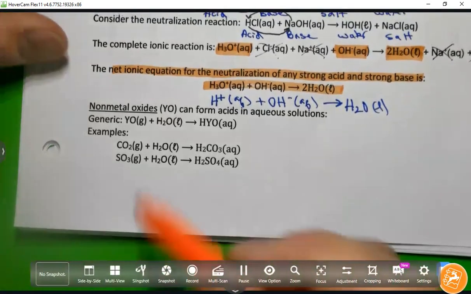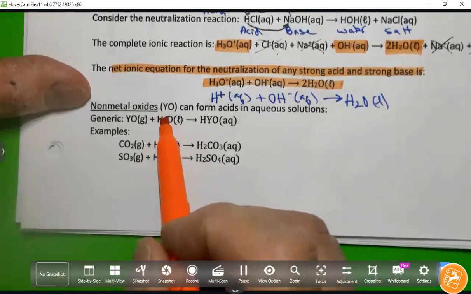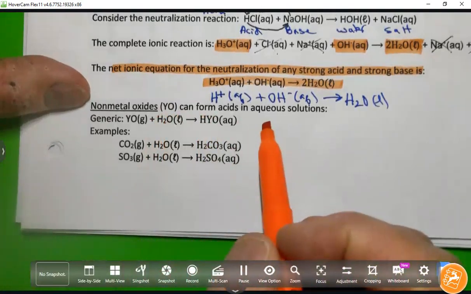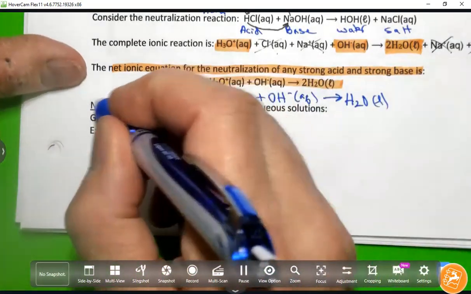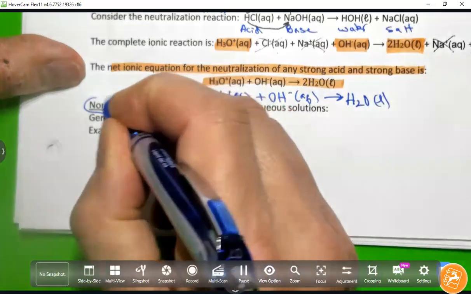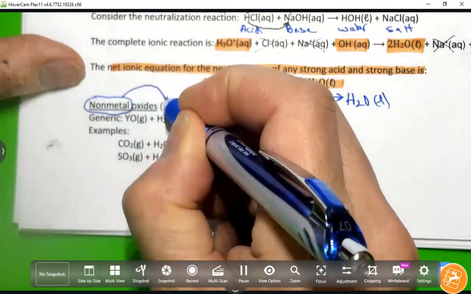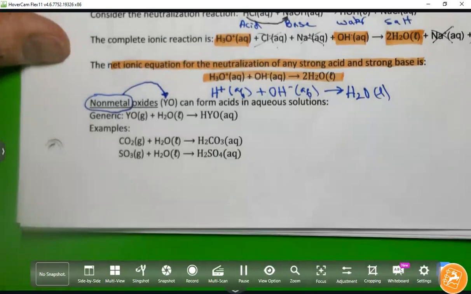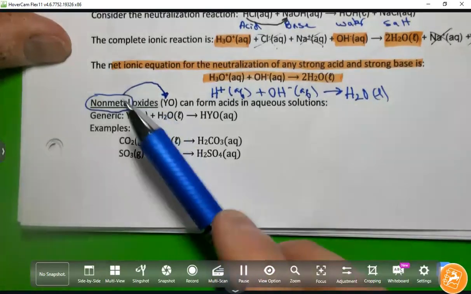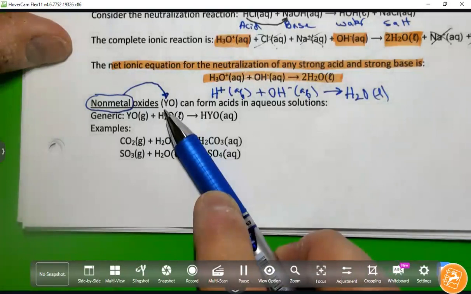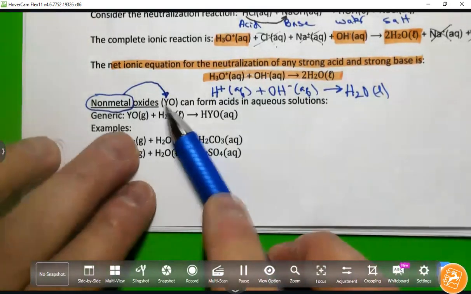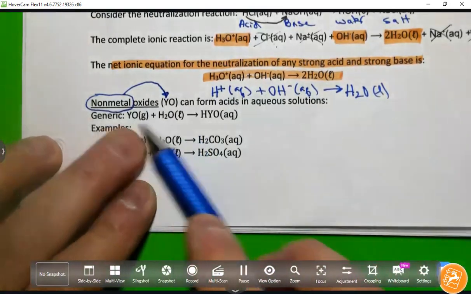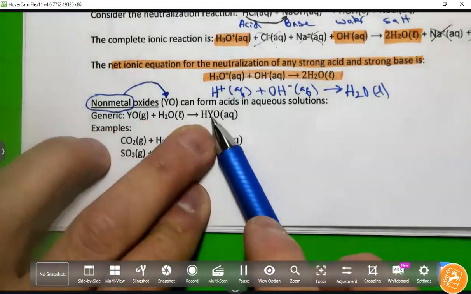If you have a non-metal oxide, and I generically put a Y in, this could be a carbon, it could be a sulfur, it could be a nitrogen, some kind of non-metal. If you react a non-metal oxide with water, you are going to form an acid.